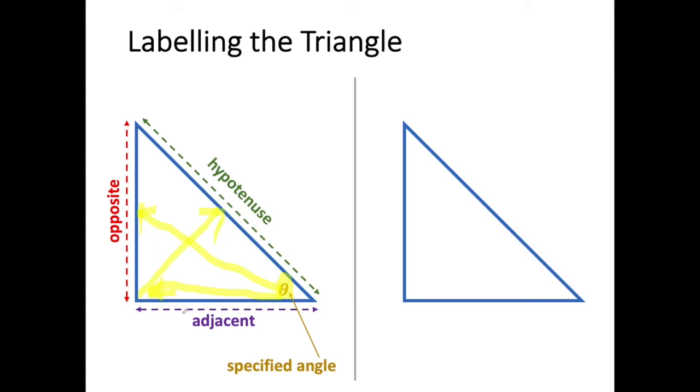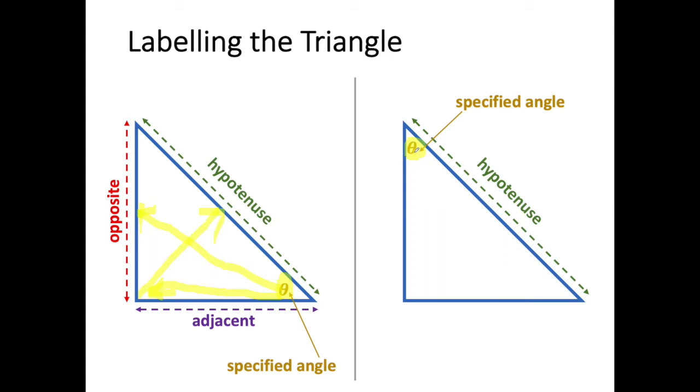In our first triangle, our specified angle was down the bottom. Having a look at the second triangle, this time our hypotenuse is the same because it is always opposite the right angle, but our specified angle is up the top. So I'm now looking for my opposite and adjacent sides in relation to that specified angle.